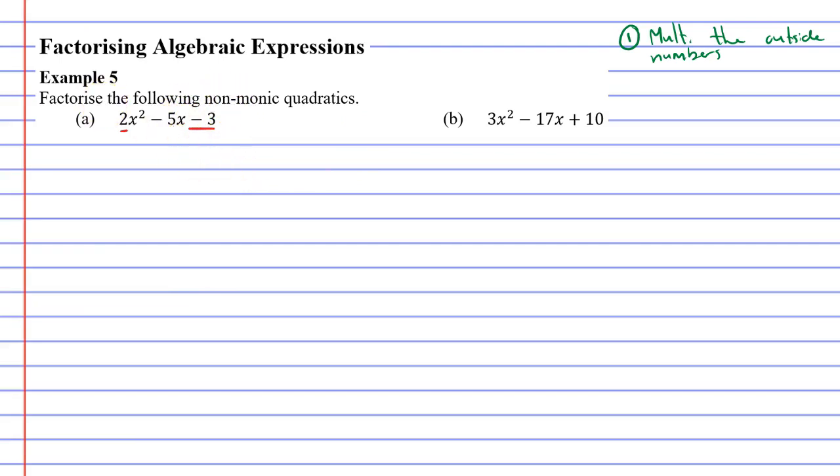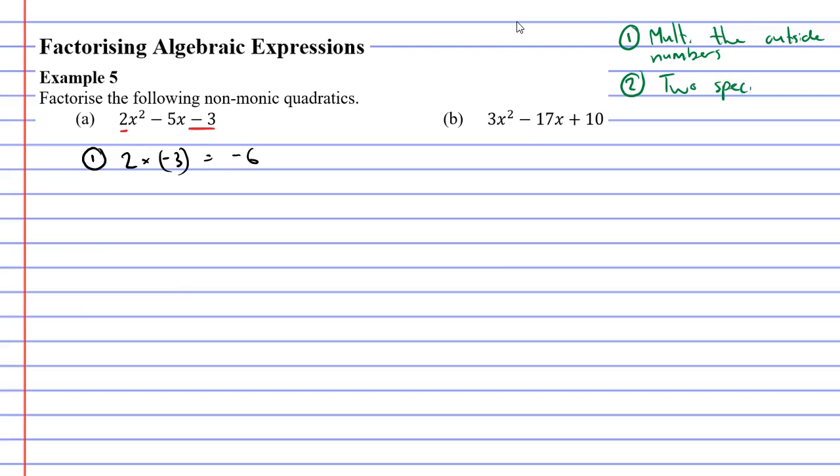So let's multiply them and see what we get. So step 1, 2 times -3 gives us -6.